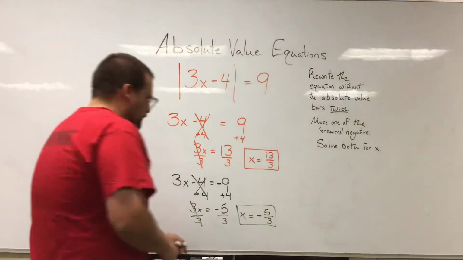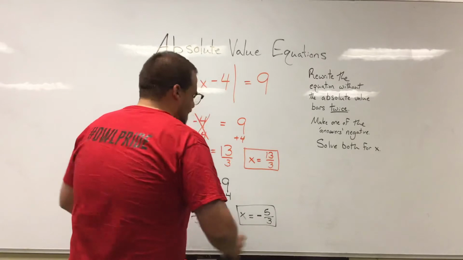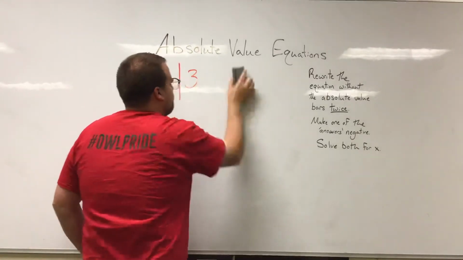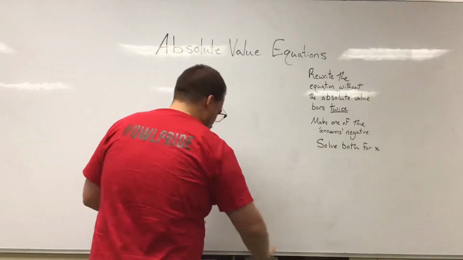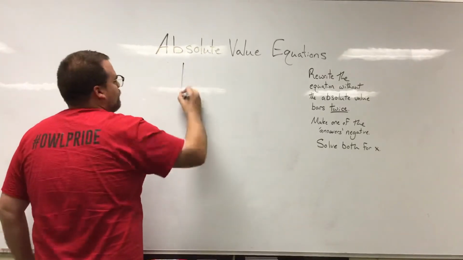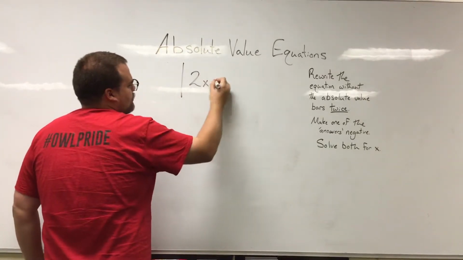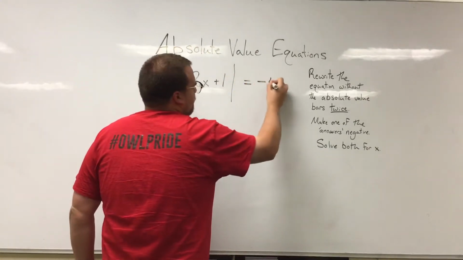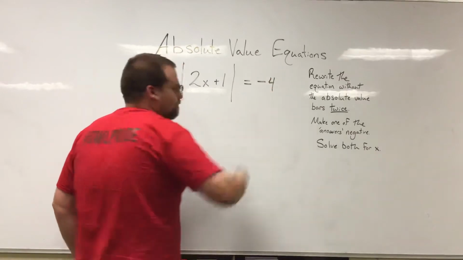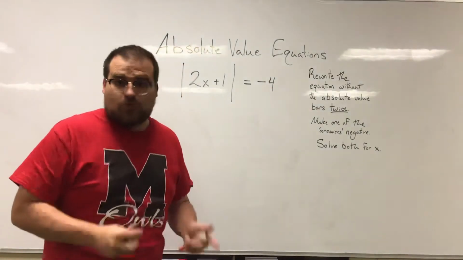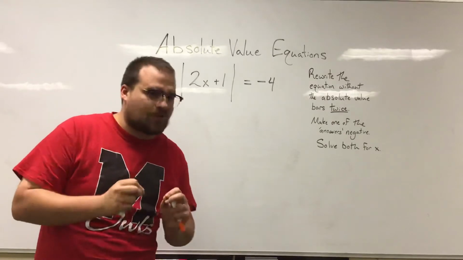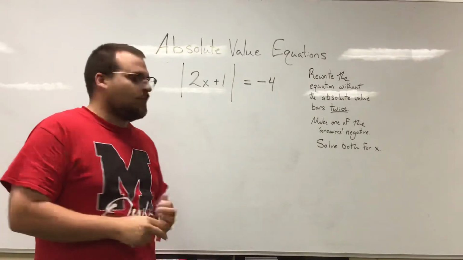One thing that you want to remember is if you have an equation that looks like this, the absolute value of 2x plus 1 equals negative 4. Do we solve that one? We don't. This is where a little bit of concept does come in.